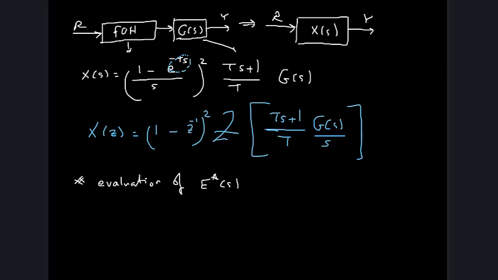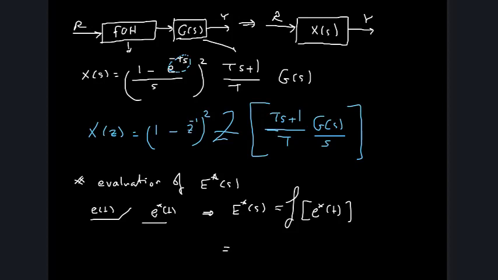Now, we know that in general, if we have a continuous signal E of t and we have a sampler, then we will have E star of t, and simply we can calculate E star of s to be the Laplace transform of E star of t, which will equal the Laplace transform of the summation from k equals 0 up to infinity of E of k delta of t minus kT.